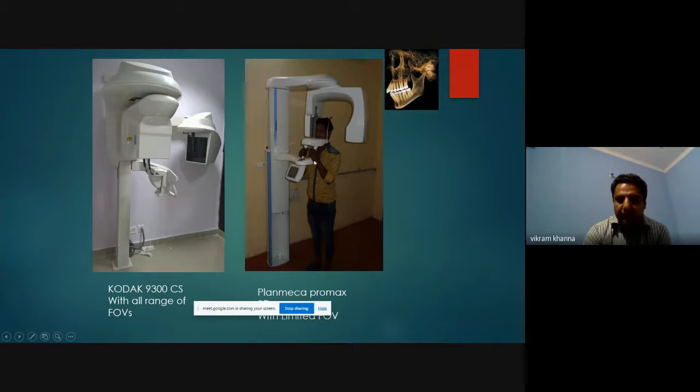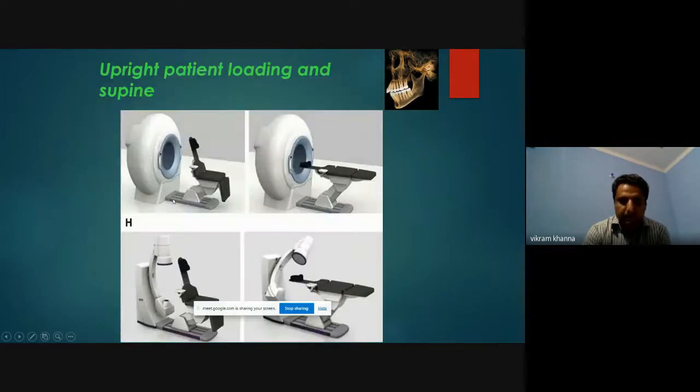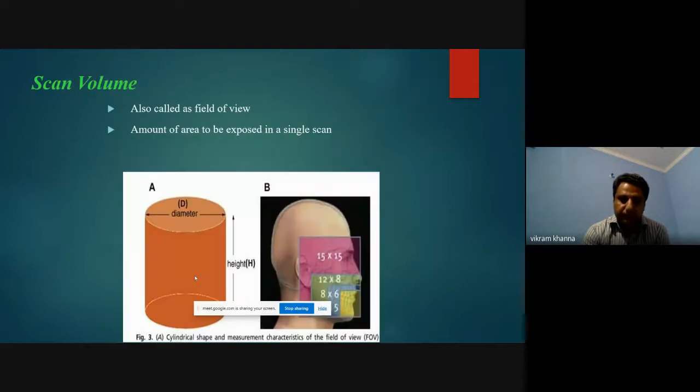This is from Planmeca, the ProMax 3D. This is for small FOVs. This is for full FOV. These are all machines available in the market. This is a sitting one, and this is a supine one. Nowadays they have also gone for adding it on with a CM.